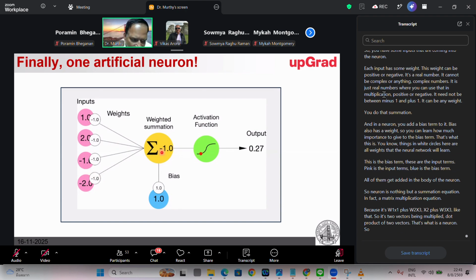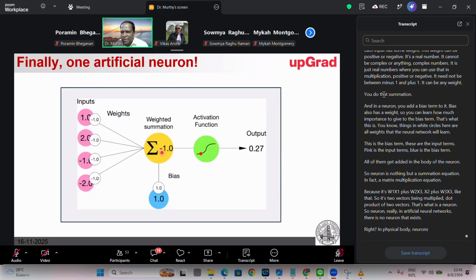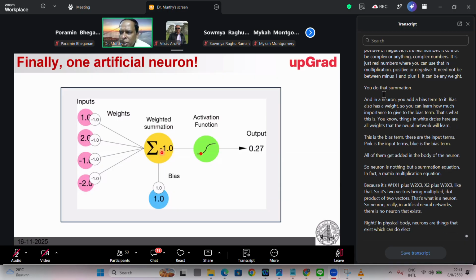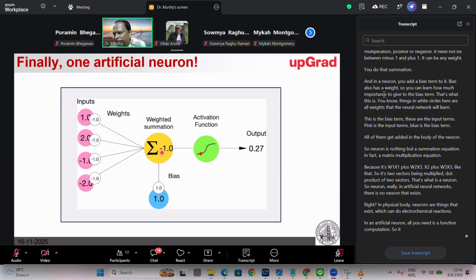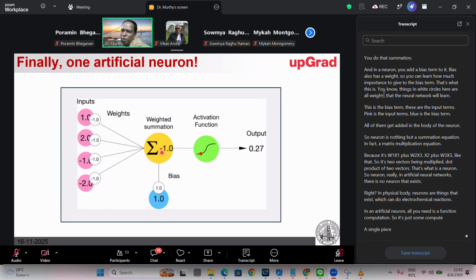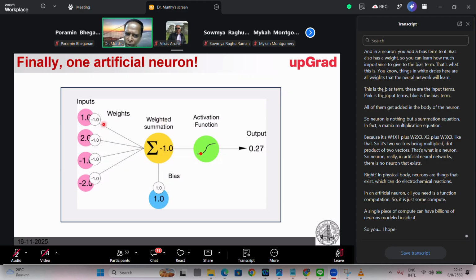In artificial neural networks, there is no neuron that physically exists. In the physical body, neurons are things that exist, which can do electrochemical reactions. In an artificial neuron, all you need is a function computation. So it's just some compute. A single piece of compute can have billions of neurons modeled inside it. I hope that makes sense to you.